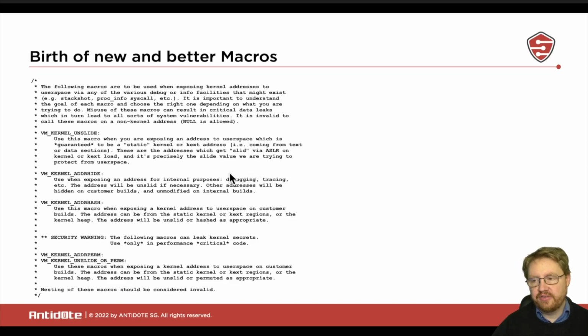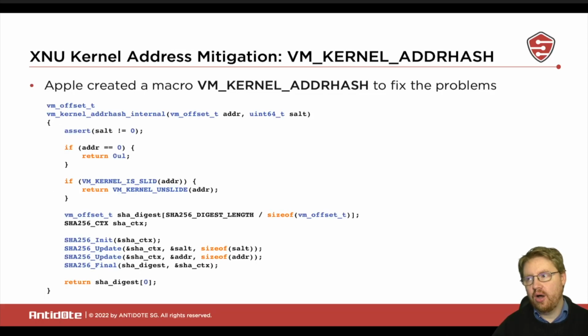And so Apple is now favoring a new macro which is called VM kernel address hash. So what is VM kernel address hash? When you look through the source code of the kernel, you will realize it's basically a wrapper around the function VM kernel address hash, and this again is a wrapper around VM kernel address hash internal.